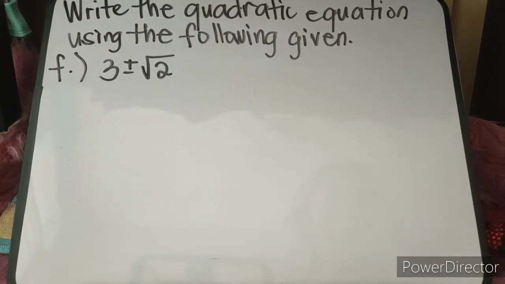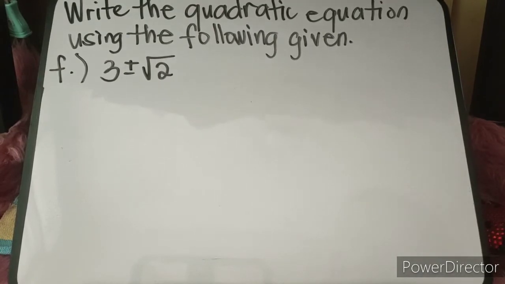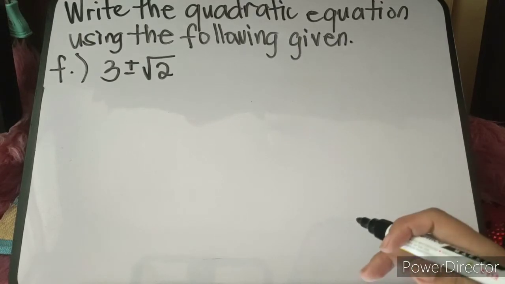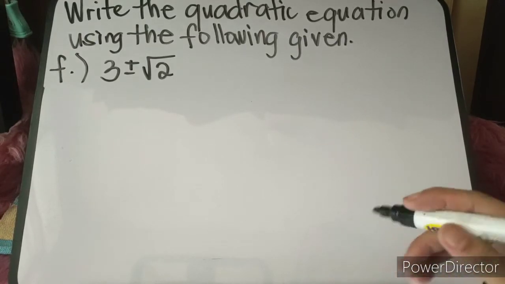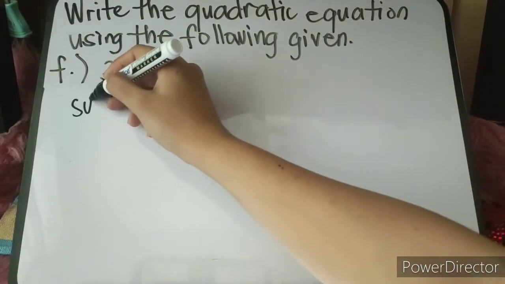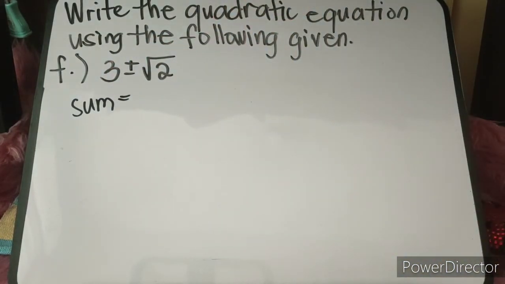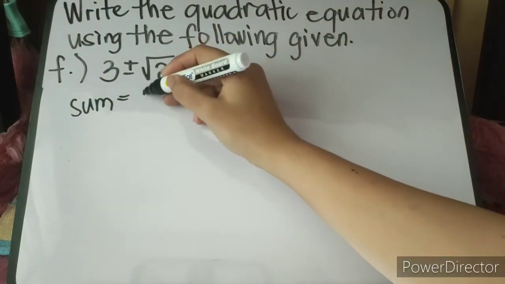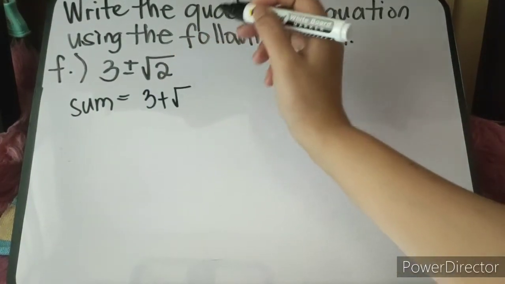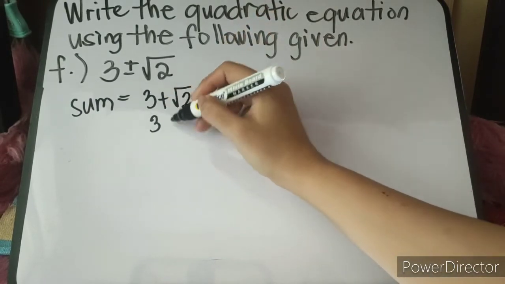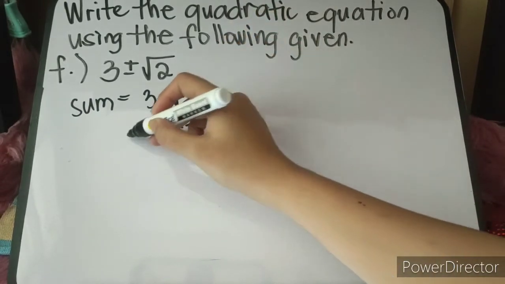So our sum, when you are going to find the sum using this, it's like addition of binomials. So we will be adding 3 square root of 2 and 3 negative square root of 2.